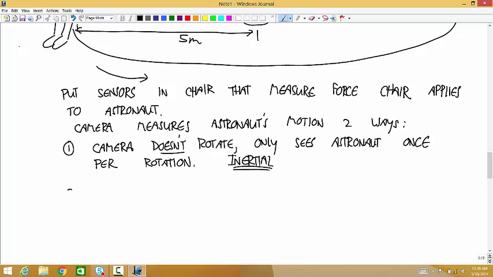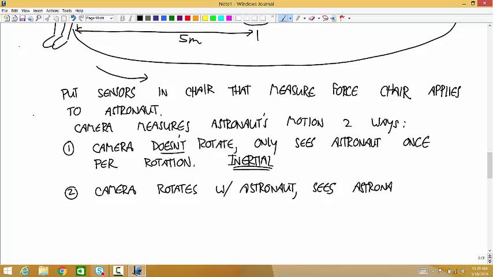The second way it's going to do it is the camera rotates with the astronaut. And so it sees the astronaut the whole time. This is a non-inertial coordinate system because the axes of this coordinate system are rotating.